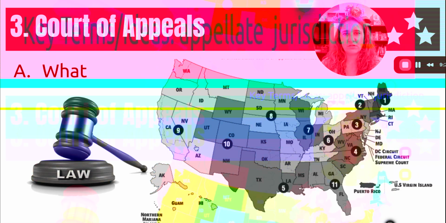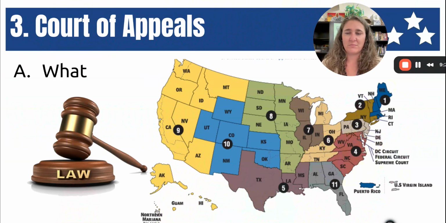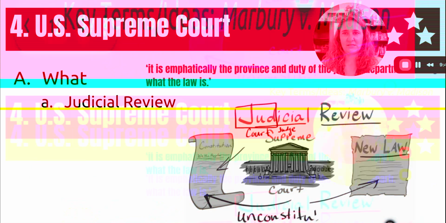All the district courts in the Ninth District, including Alaska, Hawaii, Guam, the Northern Mariana Islands, all have to use that appellate court decision as precedent moving forward. It does not apply to the 8th District or to the 2nd District. Appellate courts only set precedent in their district, whereas the Supreme Court sets precedent for all the courts in all the states and all the districts.